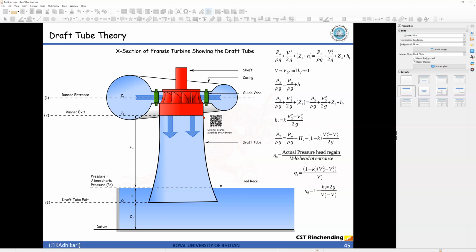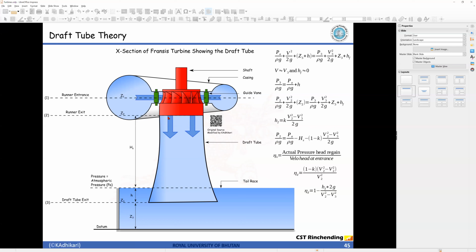Now if the diameter at this point and the diameter at this point were the same, what will happen? V2 square minus V3 square, the velocity, would have remained the same because the area of cross section is the same. This parameter would be 0, right? So here the pressure would be P2 by rho g is equal to PA by rho g, atmospheric pressure head, minus HS.